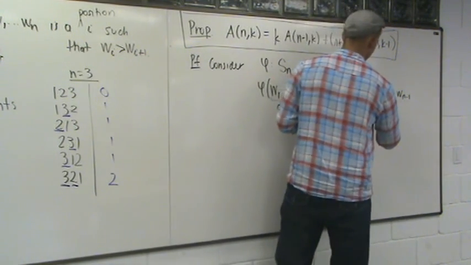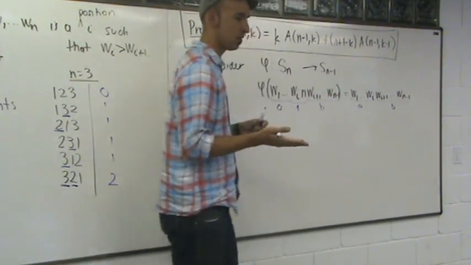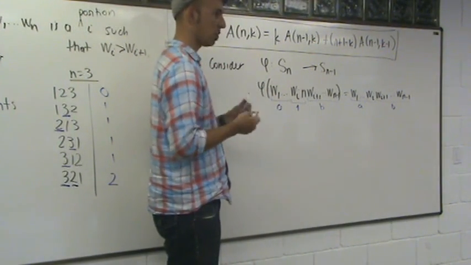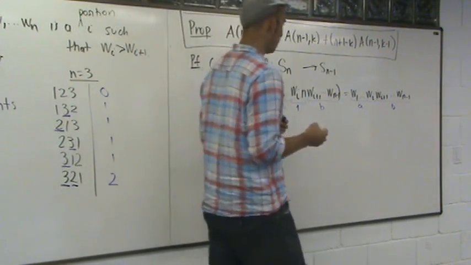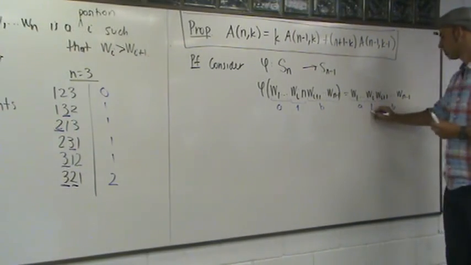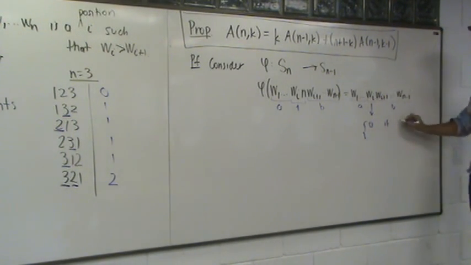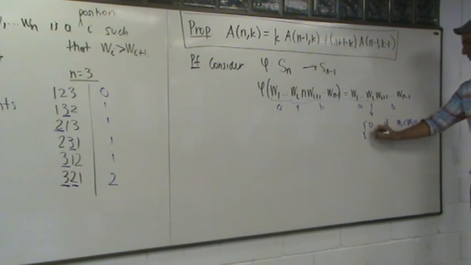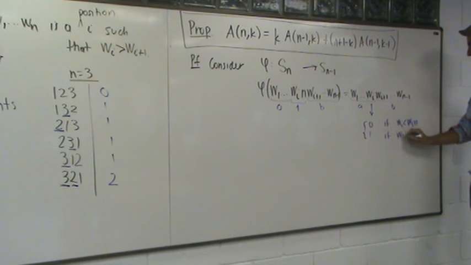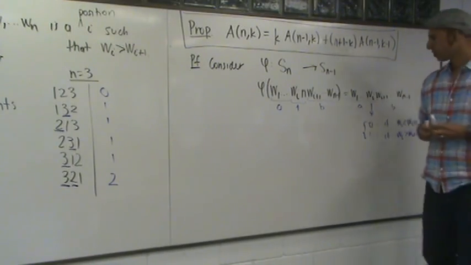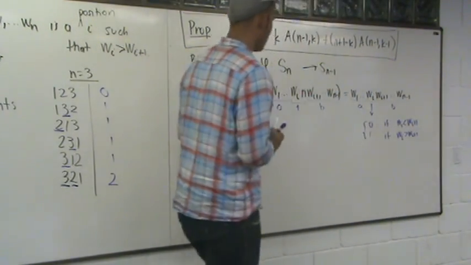And how many descents do I have here? It depends whether Wi is bigger or smaller than Wi plus 1. So here I have 0 if Wi is less than Wi plus 1, and I have one descent if Wi is bigger than Wi plus 1. Okay? So what does that mean?